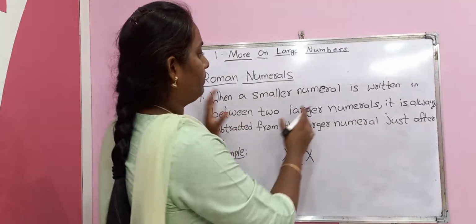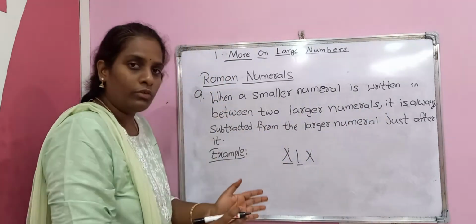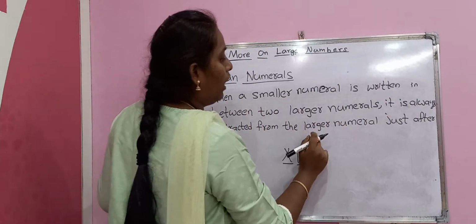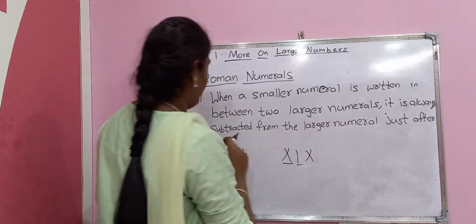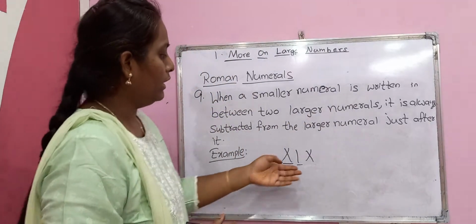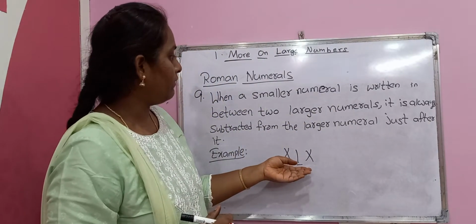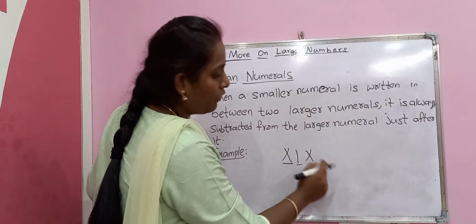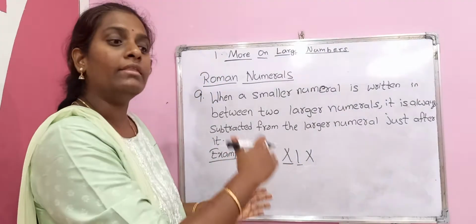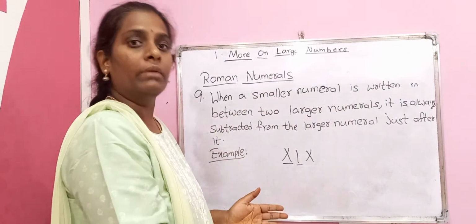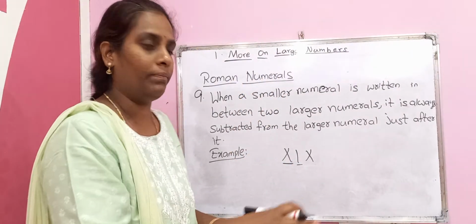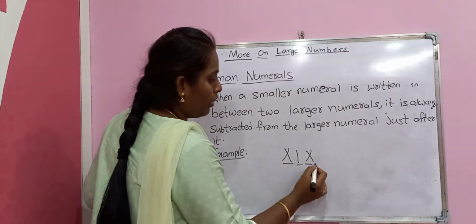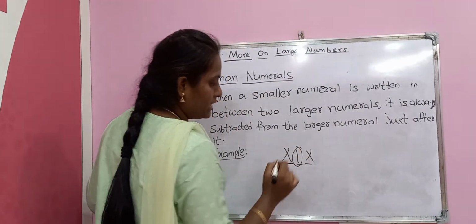Yes. So what do we have to do now? It is always subtracted from the larger numeral just after it. So the middle one, the one in between, is subtracted from the larger numeral just after it. That means we should do the subtraction with the larger numeral that comes after it. That is the meaning of the 9th rule. Understood? These 2 are larger numerals and this one is the smaller numeral.